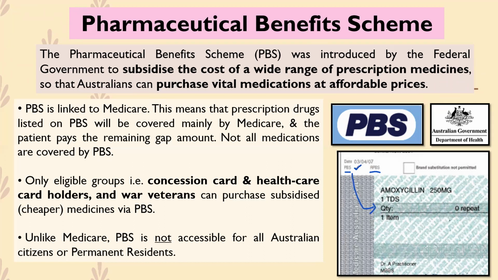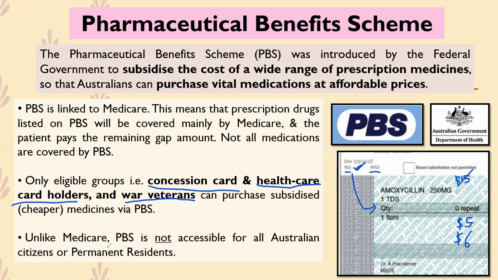What that means is that if this medicine normally costs, let's say $15 for people who don't have PBS, for people who are eligible for PBS, so we're talking about low income earners like concession card holders, healthcare card holders, and people who were war veterans, okay? These three groups can actually get this medication, not at $15, but maybe at $5 or $6. And you can see how much money they are saving as a result of that little PBS box having a tick next to it, okay?